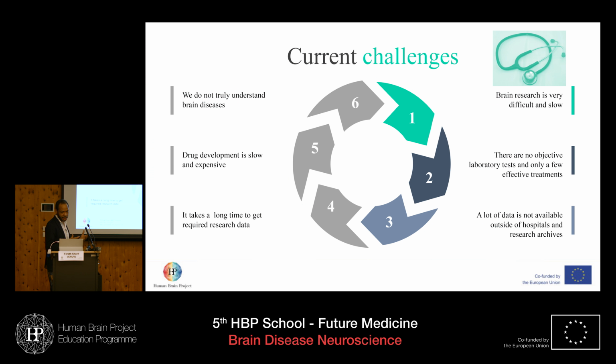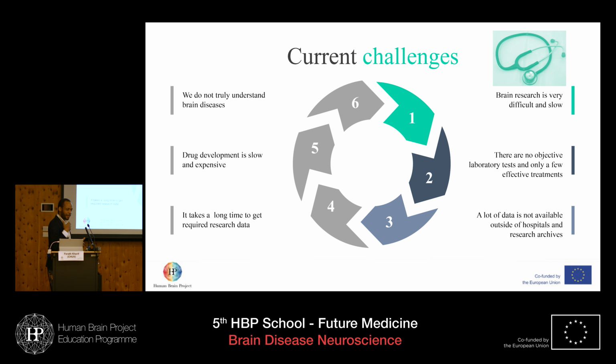The challenge, as I said, about the human brain and about disease, as you know, is that we don't know much about the brain and we don't know much about disease. There's something interesting about the human brain when you look at it from the clinical perspective: the brain is very resilient.